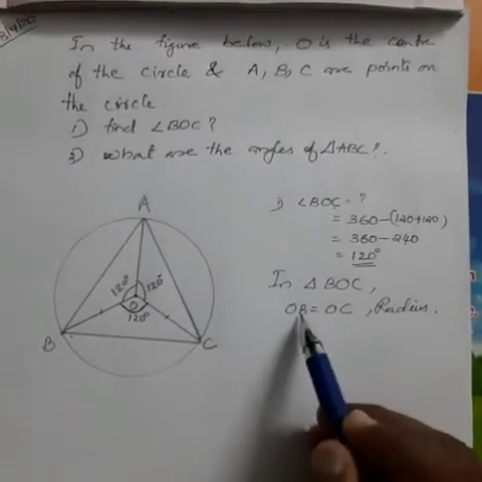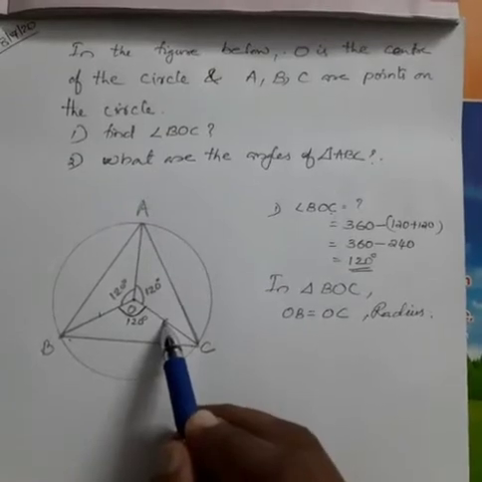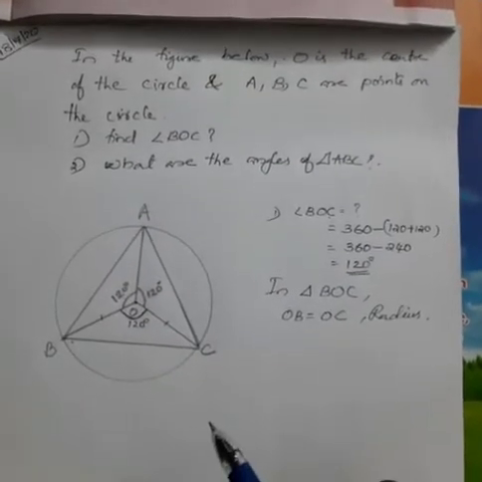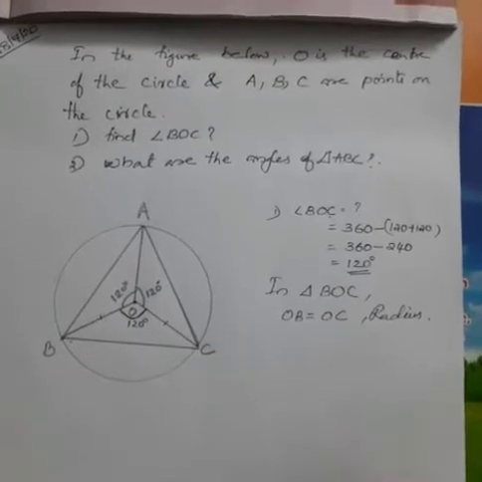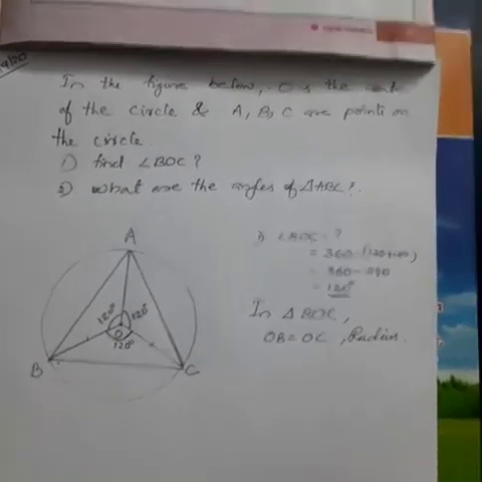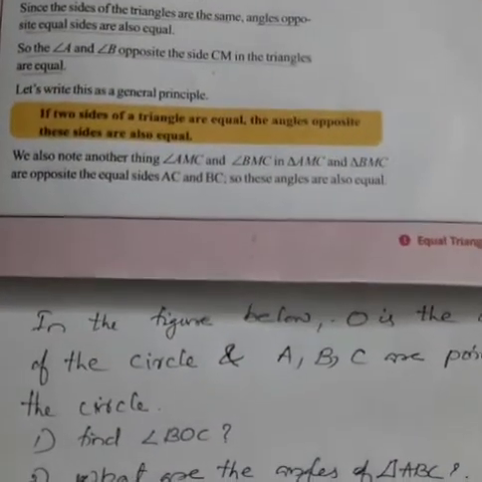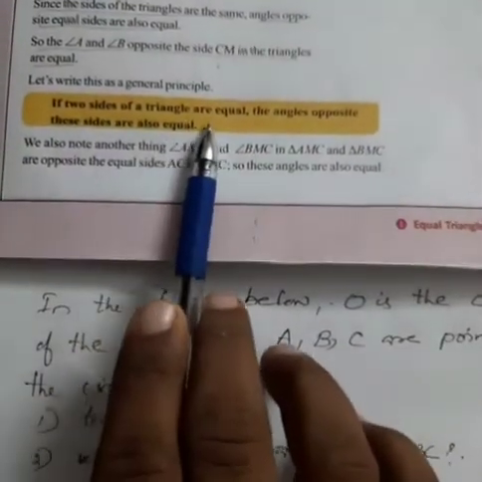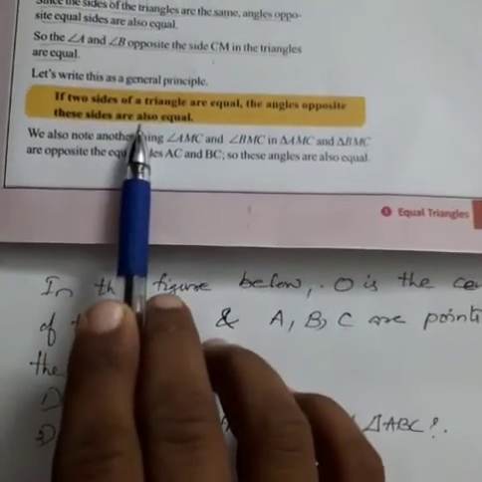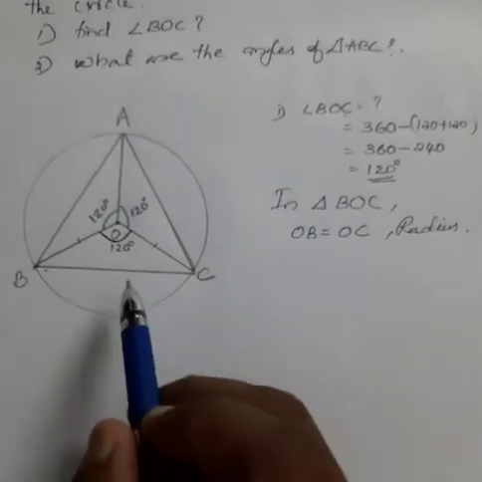If these two sides are equal, what is the speciality of this triangle? We already studied about isosceles triangles. If two sides of a triangle are equal, the angles opposite to these sides are also equal.